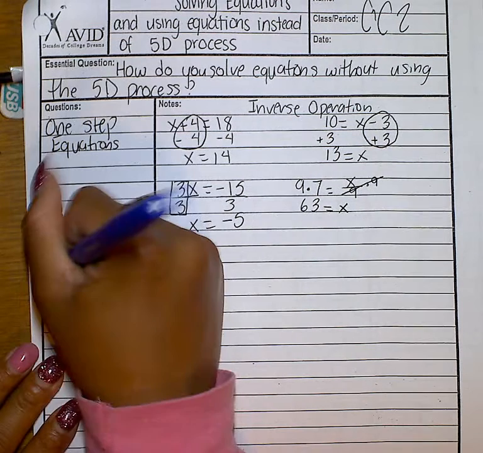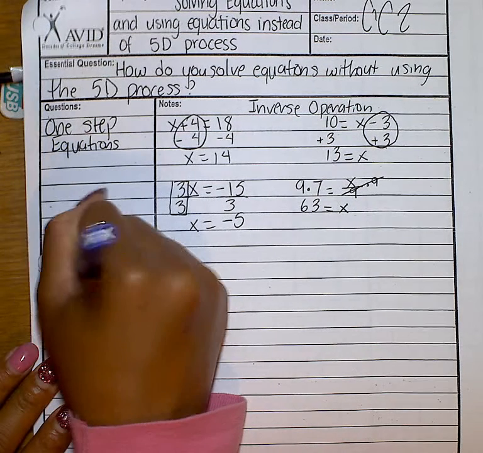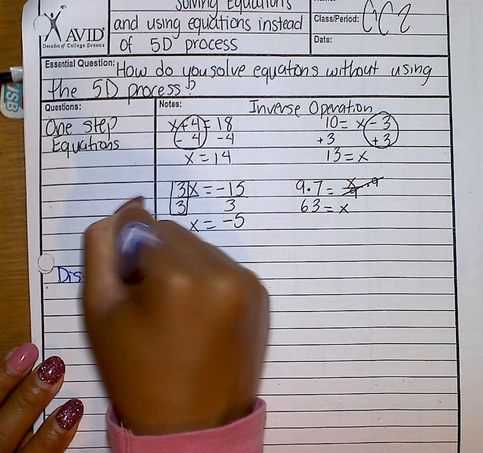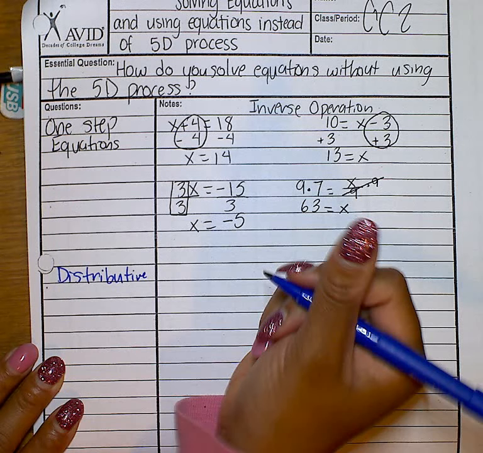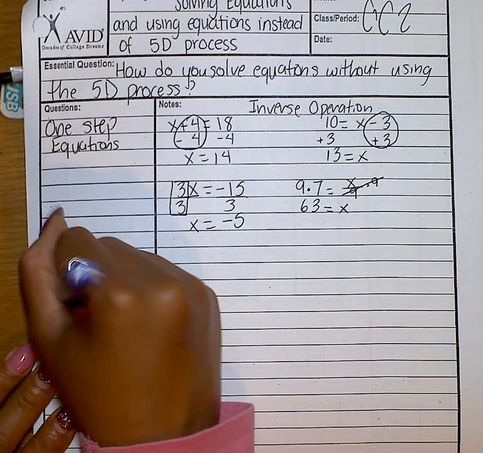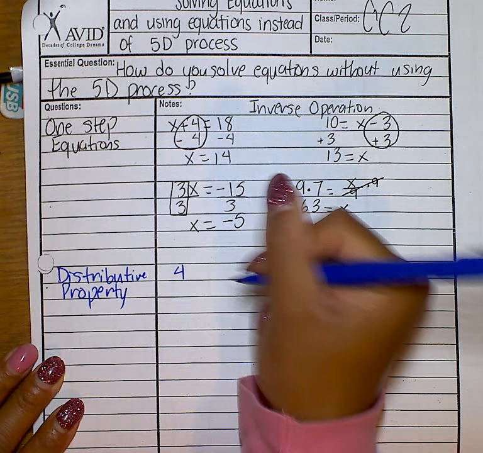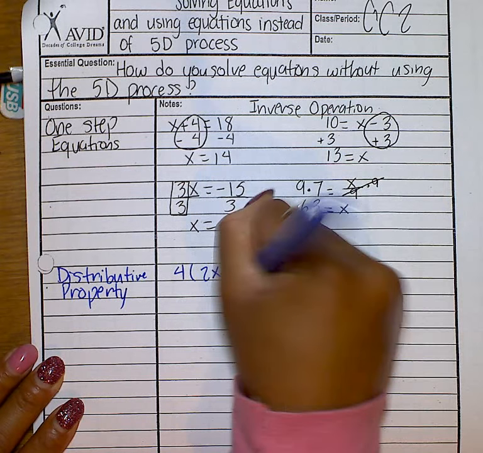So remember, distributive property is when you take the outside number and you multiply by everything on the inside. And what I mean by this is, let's say for instance we have the problem 4 times the quantity of 2x plus 6, and that's equal to 64.